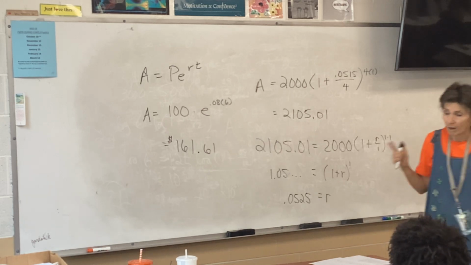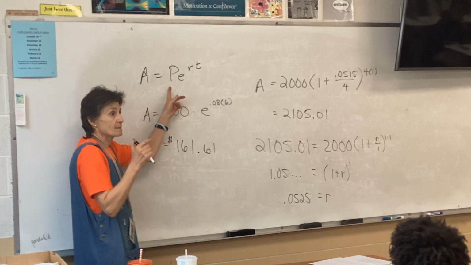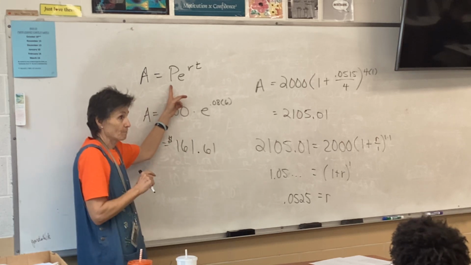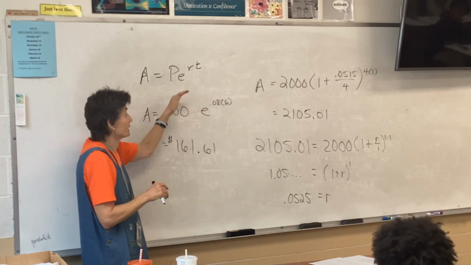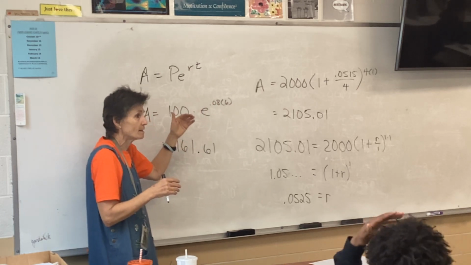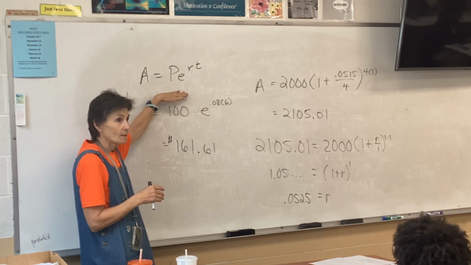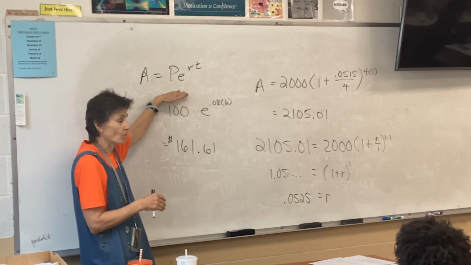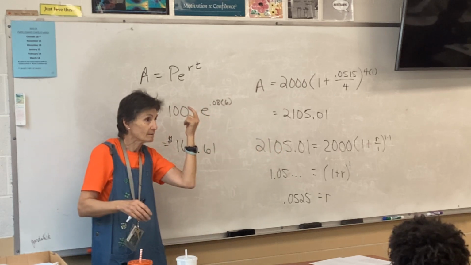So later on, not today, but next time, we will look at some populations. We'll be looking at population growth. We'll be looking at some radioactive decay. Those are natural growth problems, right? You don't just go from 18,000 people to 30,000 people like that, right?